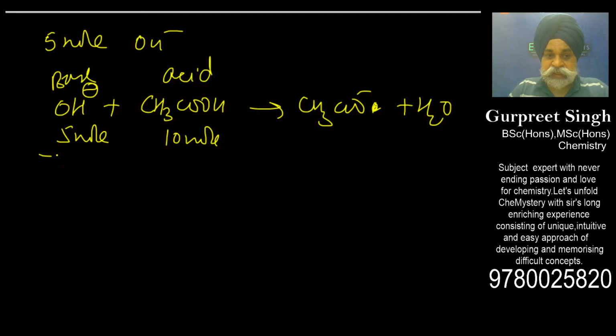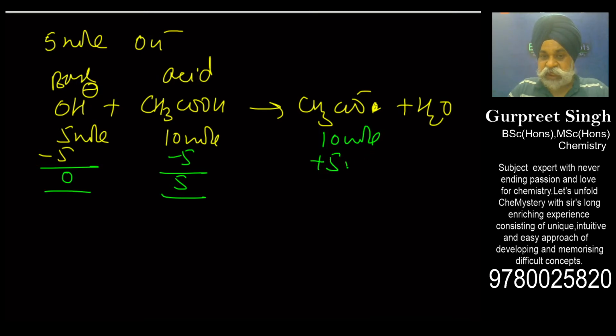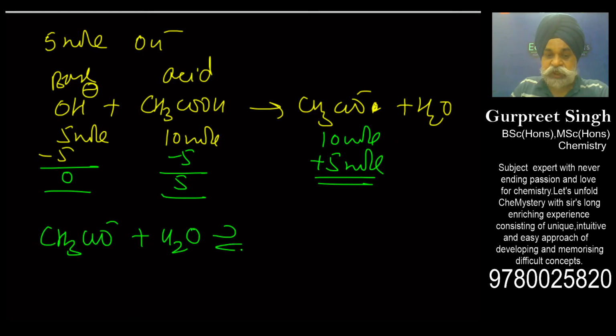So 5 moles got totally depleted and 5 are left out, and I already have acetate ions as 10 moles and these 5 are newly generated. Now these 5 newly generated acetate ions would hydrolyze to a very small extent. This would react with water to form acetic acid plus OH negative.